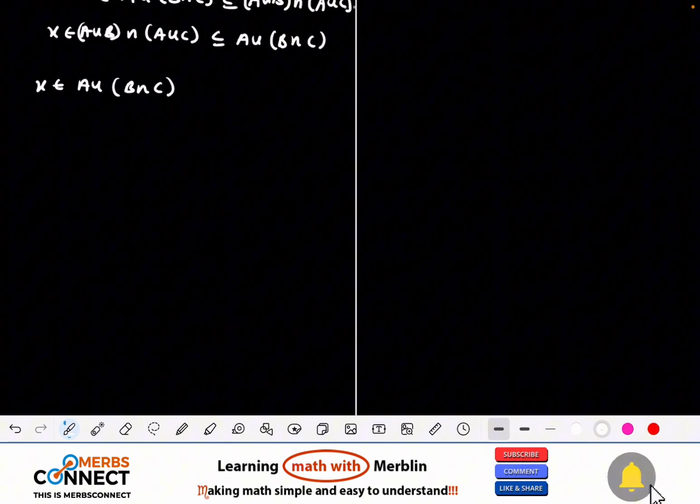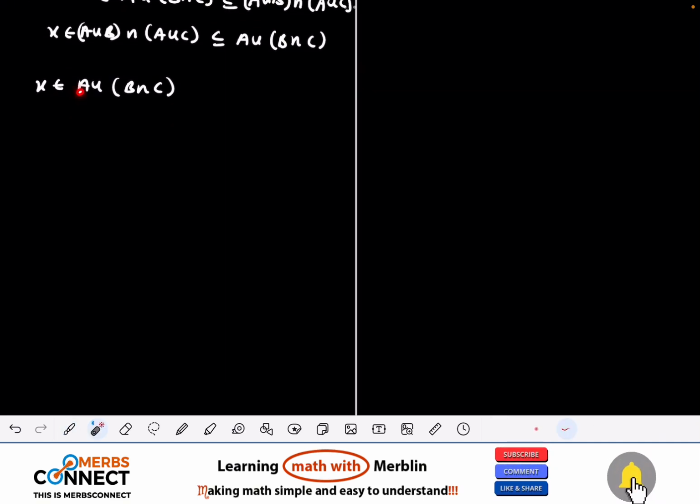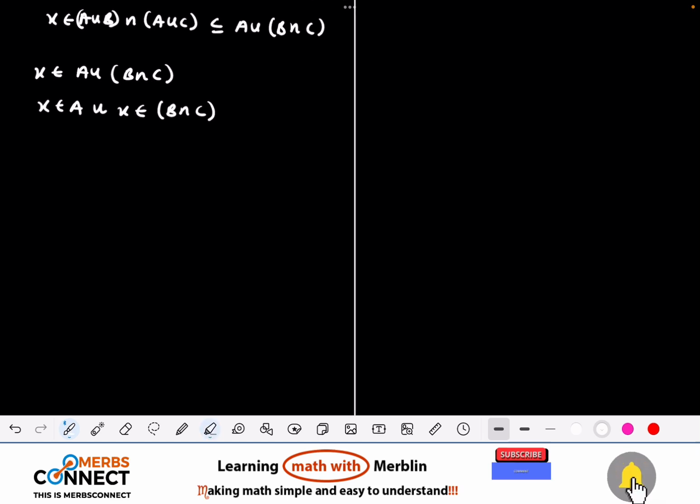As we said, when we have two operations, we need to make sure we treat the one in the bracket as one unit first. So this one is going to be x belongs to A union, x belongs to B intersection C. Then we go to the last one and we expand. So we are going to have x belongs to A union.